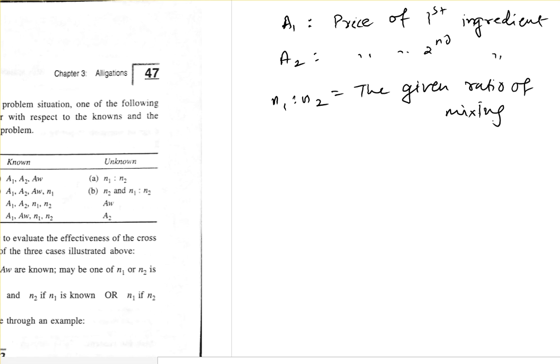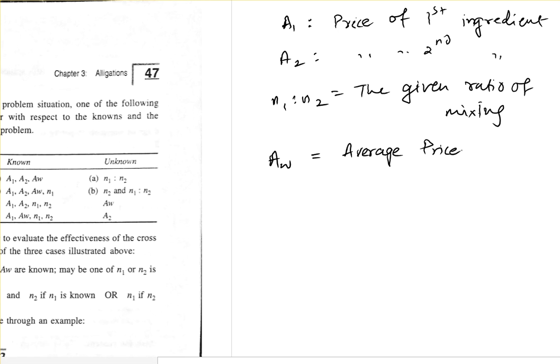Okay, A is equal to, or in this book they have used AW. Okay, AW is the average price.